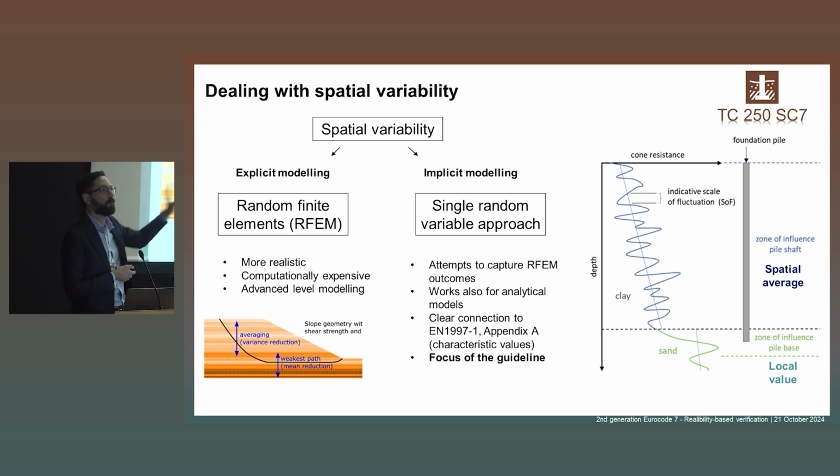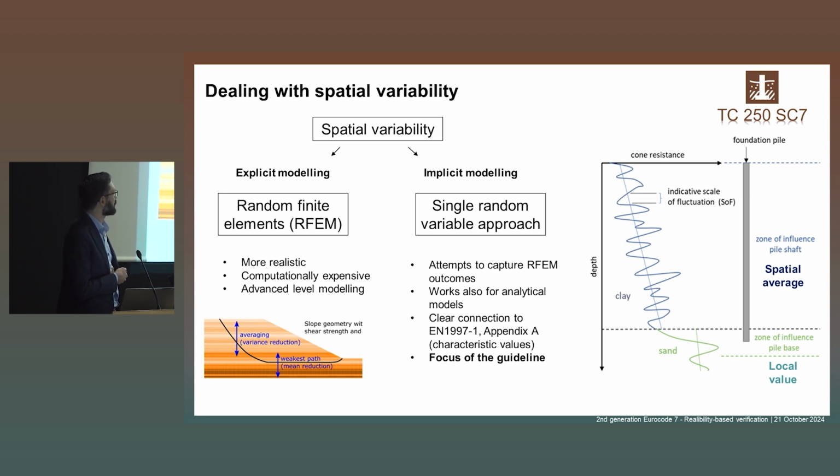So the focus of the code is actually the other option here, the implicit modeling. We call it the single random variable approach. The idea is that we try to capture what is supposedly more realistic here, but the results from using the implicit modeling should give approximately the same results.